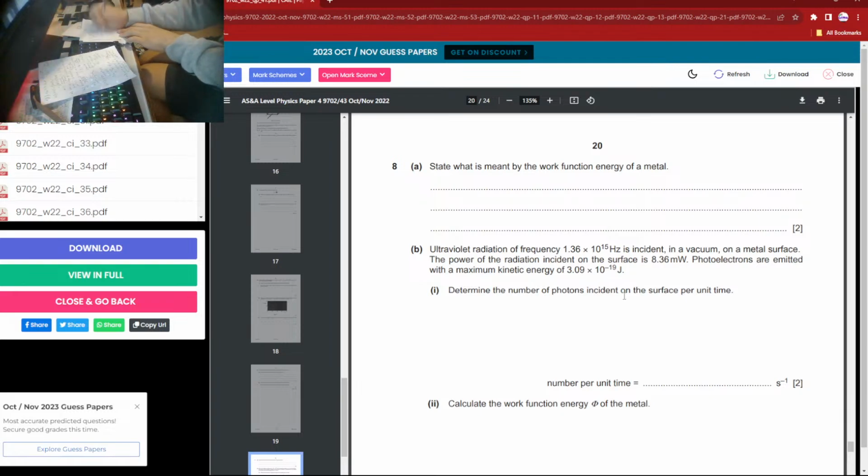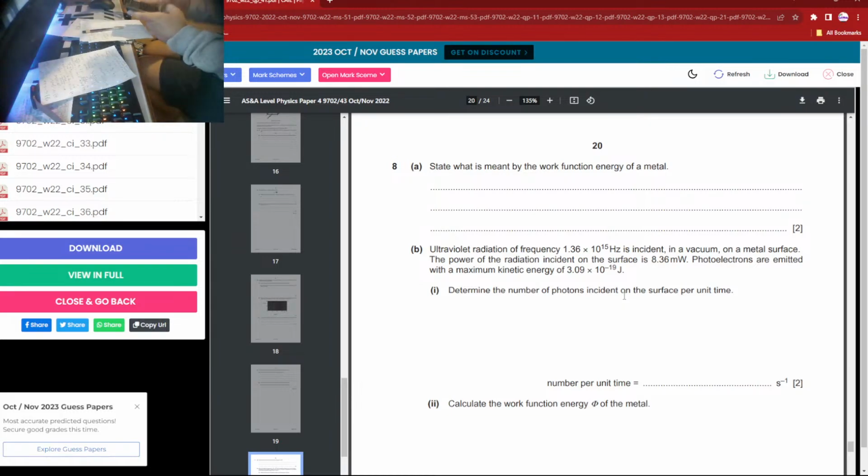So you put hf first, 6.63 times 10 to the power of negative 34 times 1.36 times 10 to the power of 15, minus 3.09 times 10 to the power of negative 19 equals the work function. Sorry, not times, not divide, my bad, it's minus.